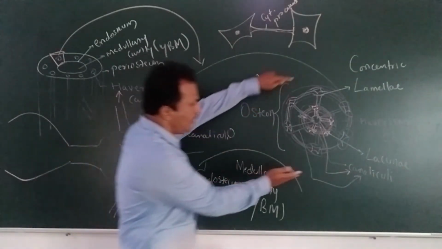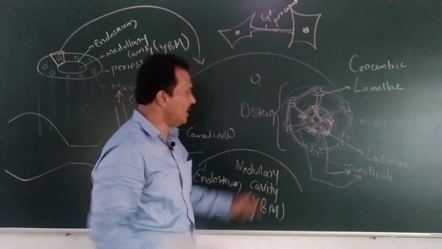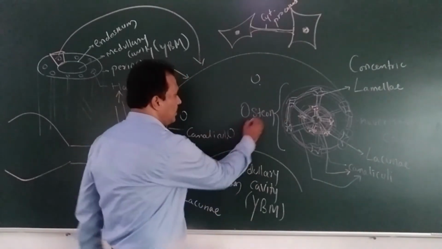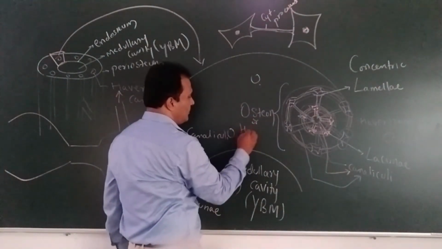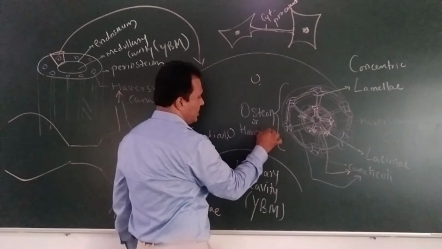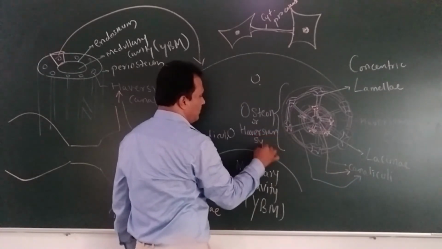And this entire unit is known as osteon or Haversian system.